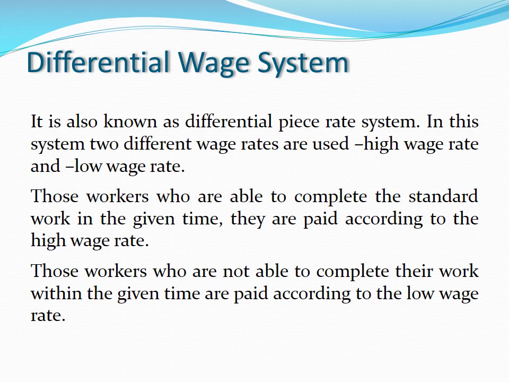So in this case, see, anybody who's producing only 2 units lesser than or 1 unit lesser than the standard one is getting $162, is being paid according to 18, and anybody who is producing 10 units or more than 10 units will be paid according to 20 per hour.